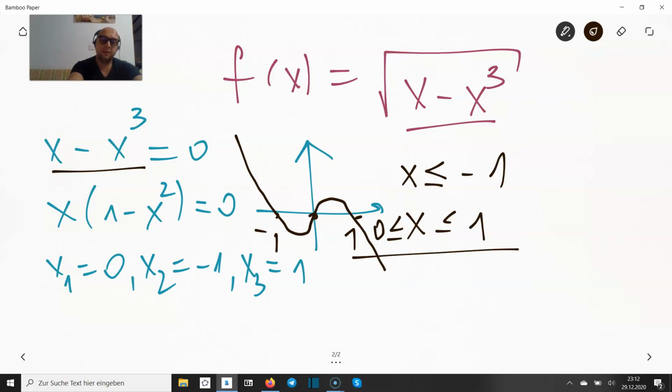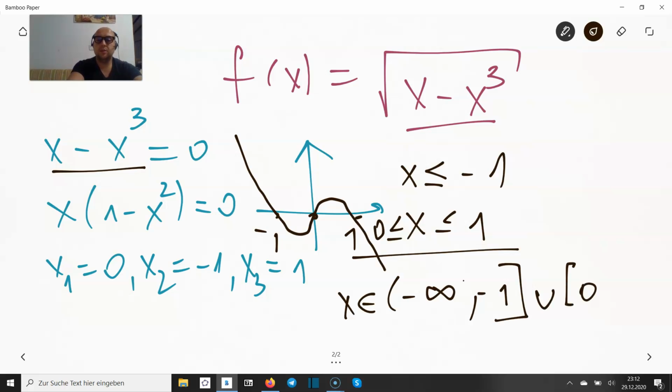So we're writing it down: x from minus infinity to minus 1, where we're including minus 1, and from 0, which is included, to plus 1, which is included as well. That's it. So you see, I have to understand what's happening with the square root, but I'm also dealing with the cubic function and I should know what's going on.